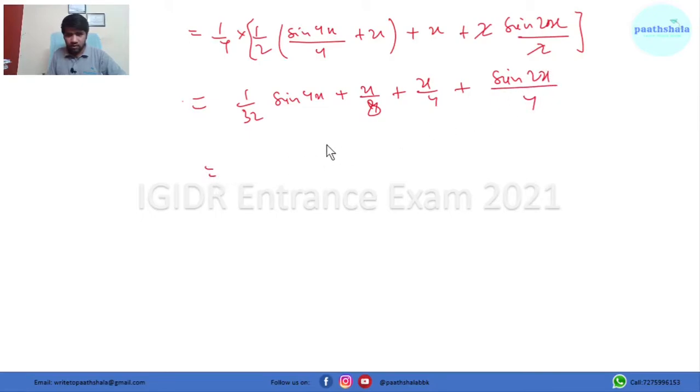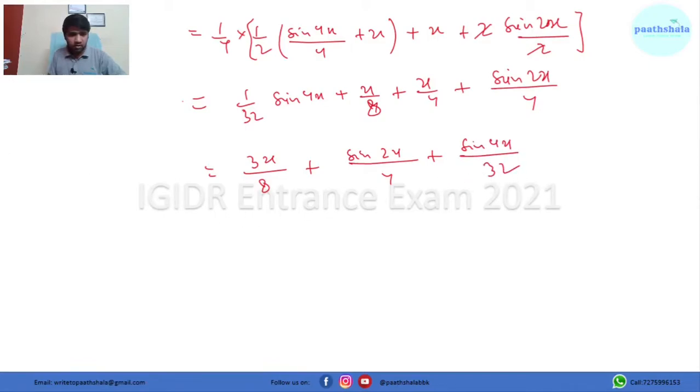Further we can solve it. If we take 8 as LCM, this will become 3x by 8, then plus sine 2x by 4 plus sine 4x by 32.